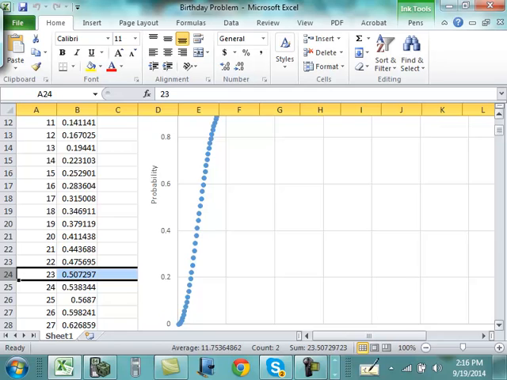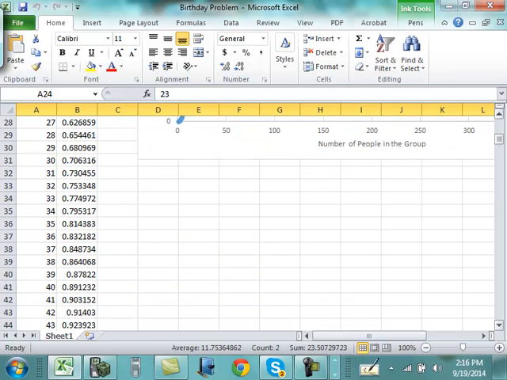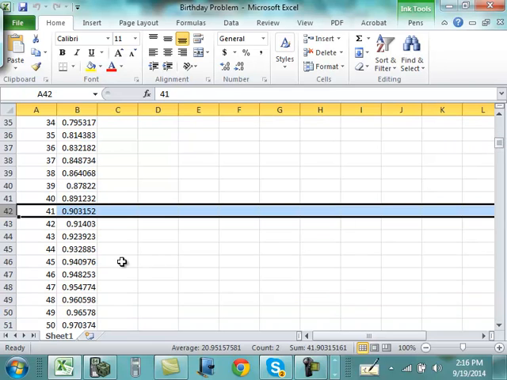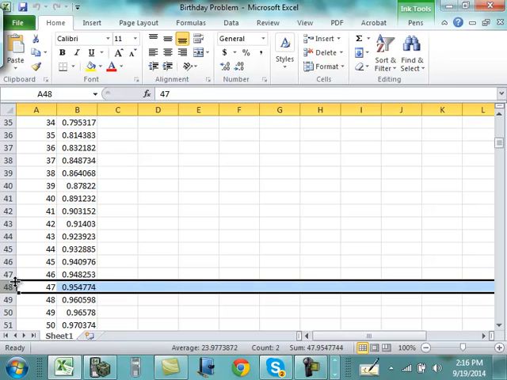And let's go down a little bit further. If you've got about 41 people in the room, that's about a 90% chance that at least 2 of them have the same birthday. Go down a little bit more. If you've got about 46 to 47 people in the room, that's a 95% chance that at least two of them have the same birthday.